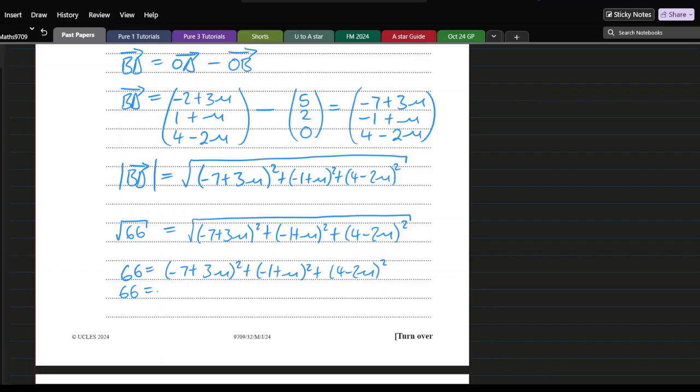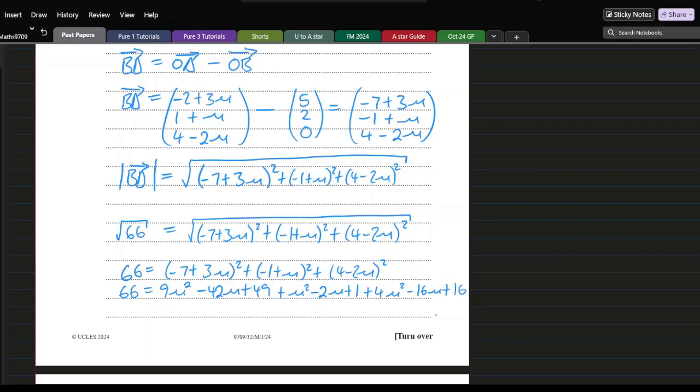So we get 9 mu squared minus 14 times 3, that is minus 42 mu, and then we've got 7 squared, so that's positive 49, plus mu squared minus 2 mu plus 1 plus 4 mu squared minus 16 mu plus 16.